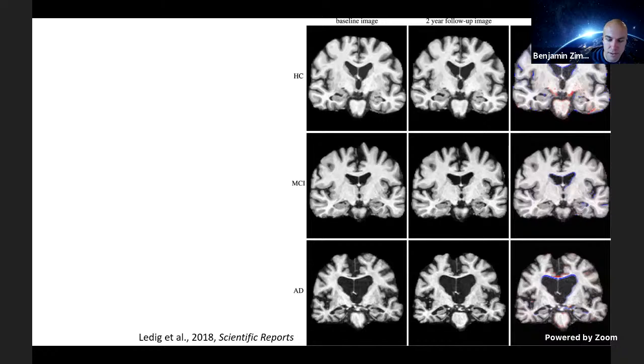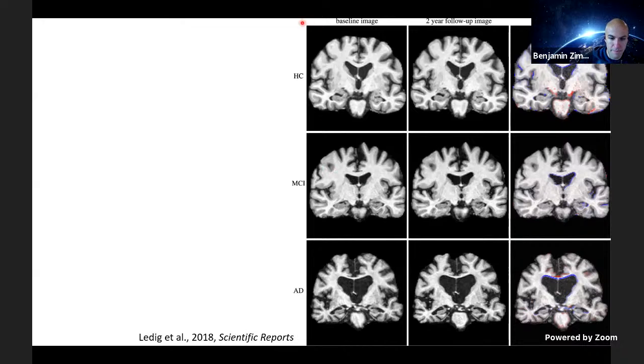In the same vein, often the variance itself reflects really smaller differences than I think people expect or intuit a lot of the time. So here I'm showing an image from a study by Ledig et al. And I wanted to show this image for a few reasons. One reason is just to show you some brains, but also I wanted to emphasize that it's often hard to say anything about an individual's cognitive ability just by looking at their brains.